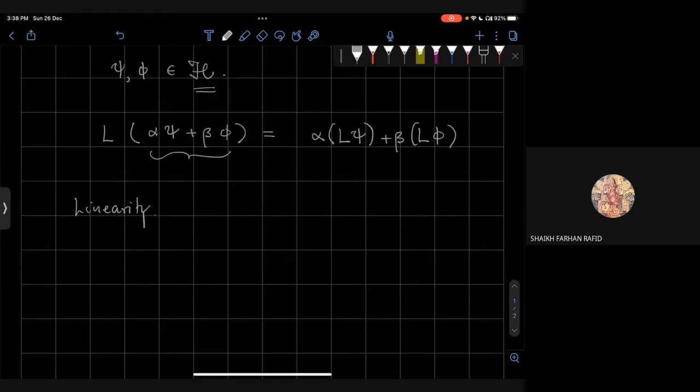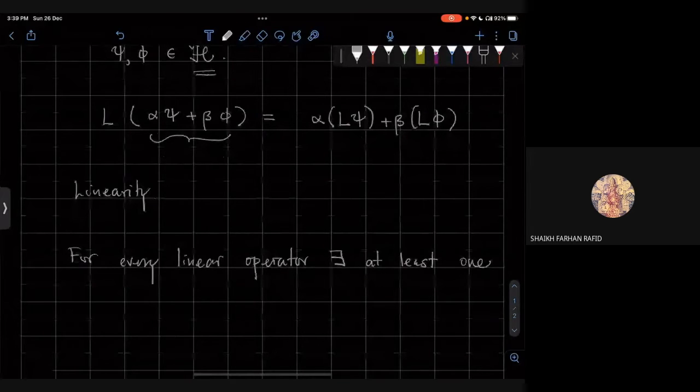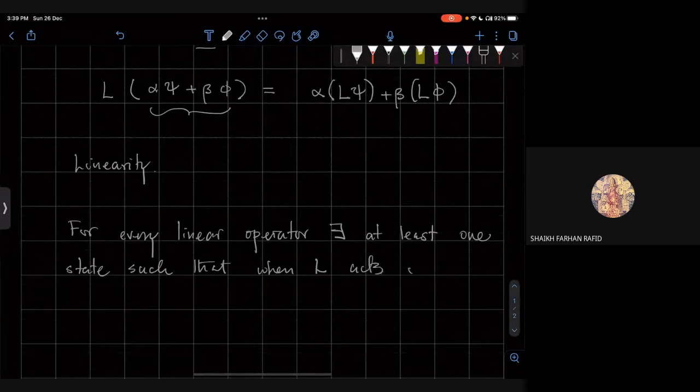Now, for every linear operator, there exists at least one state such that when L acts on that state, we get that state back.